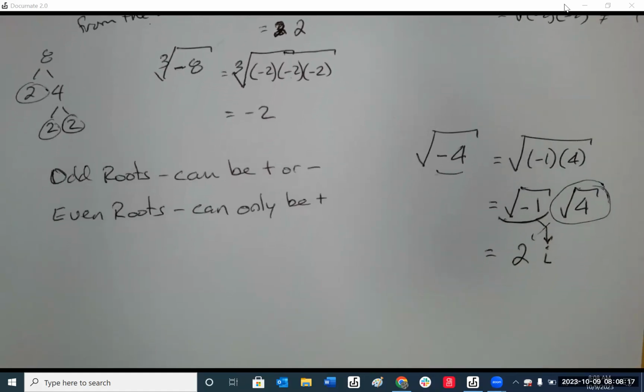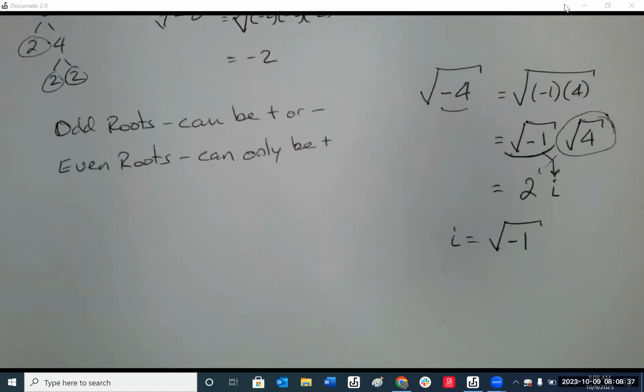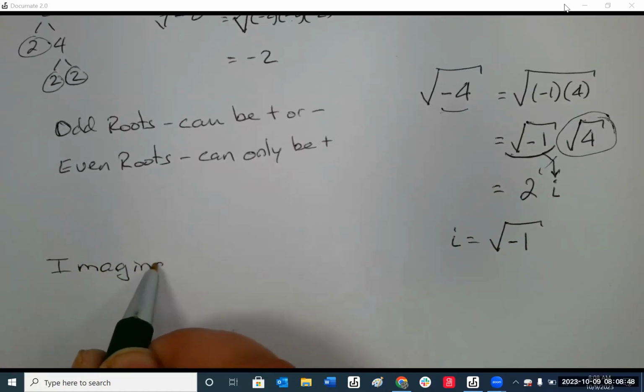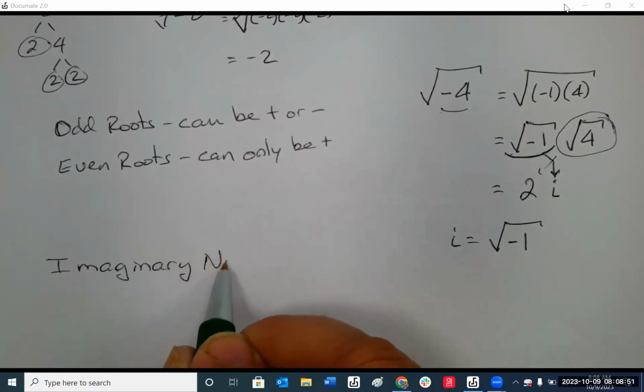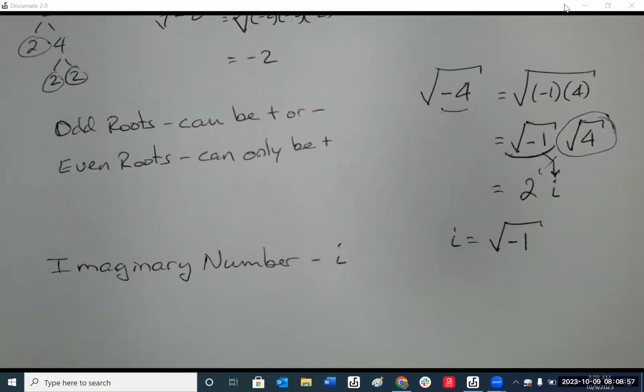I. I is defined as the square root of -1. It removes the negative out of an even root function. Hence, that's why it's called an imaginary number. Imaginary numbers have an I after it.